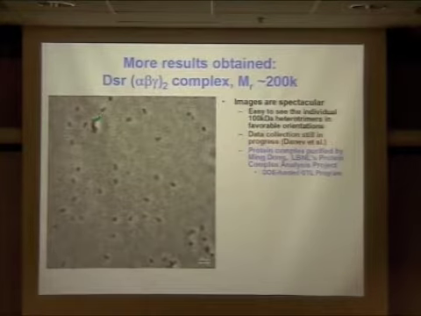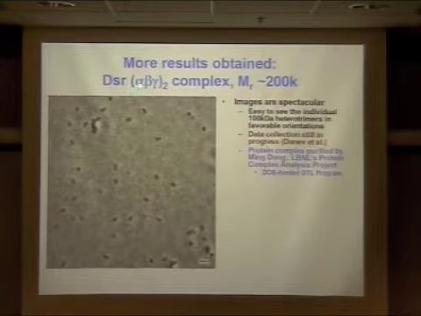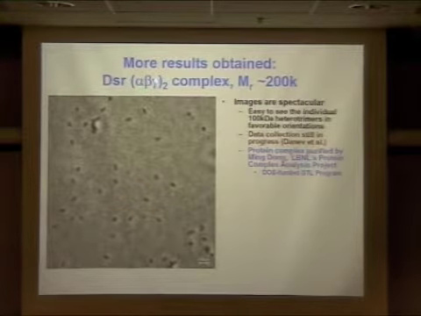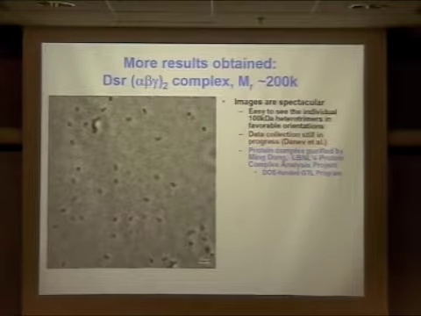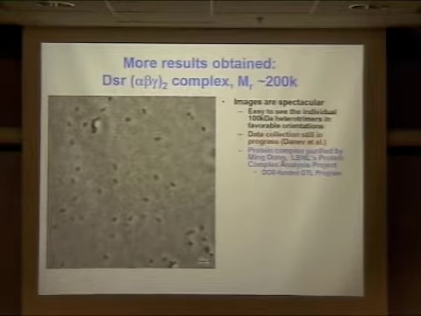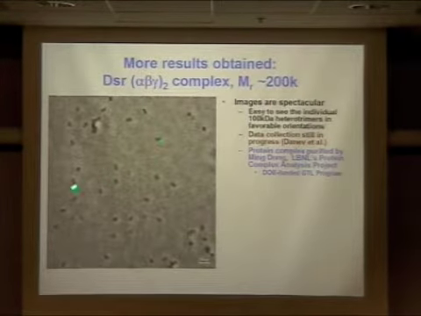It's a dimer of enzymatic units that have alpha beta gamma subunit composition. The whole dimer has molecular weight 200,000.